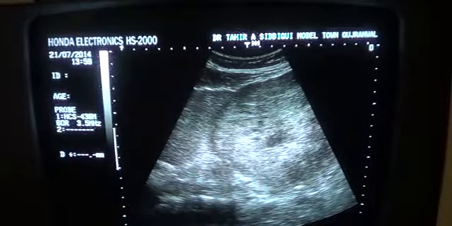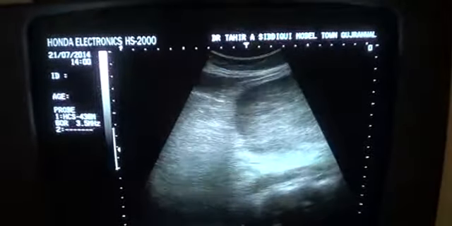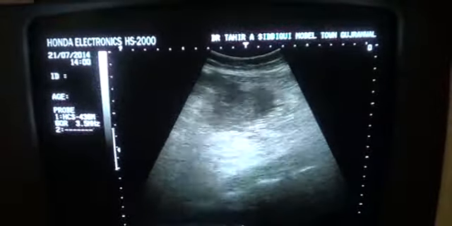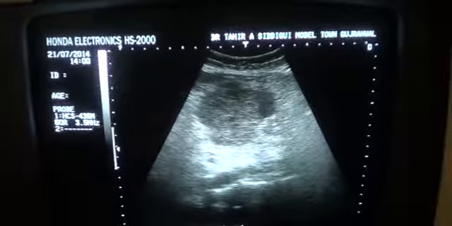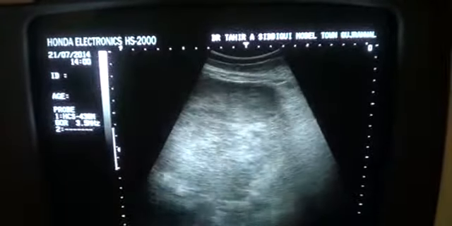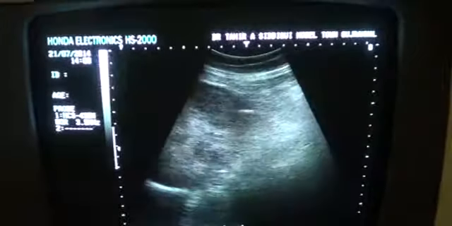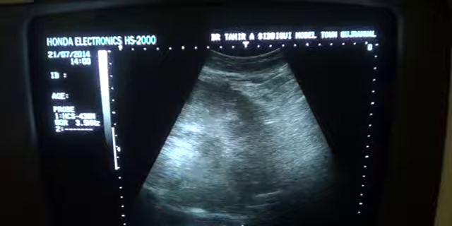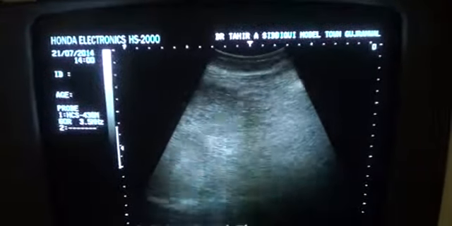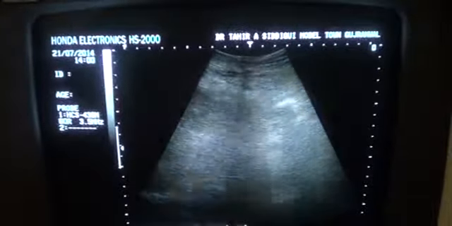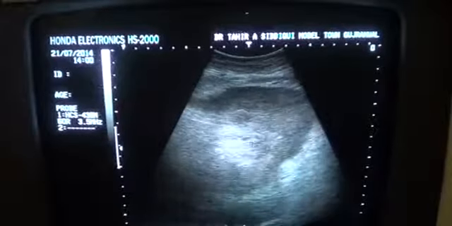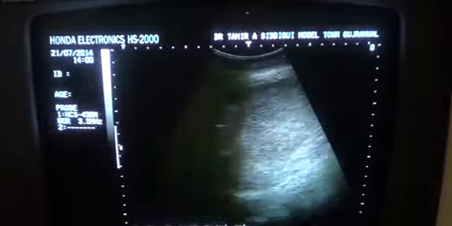This is the total mass, and there are no para-aortic lymph nodes seen, and this mass extends up to the umbilical region here.